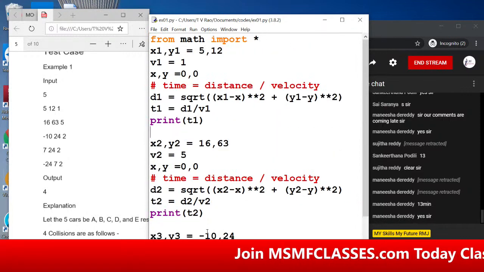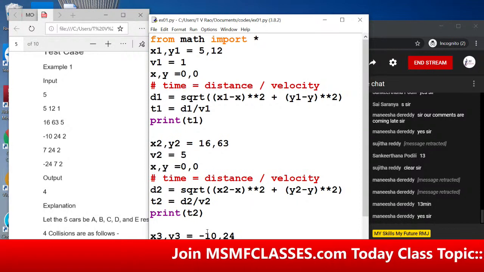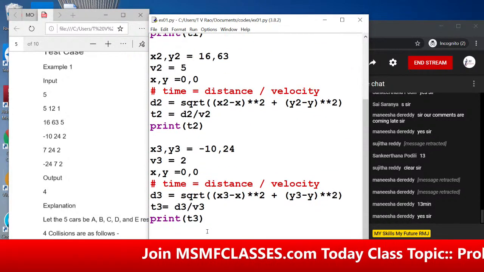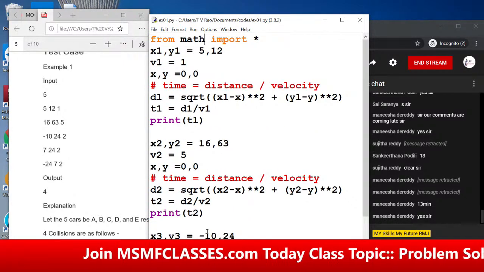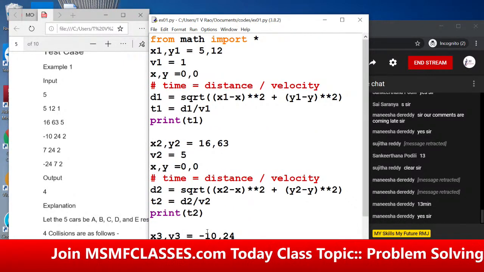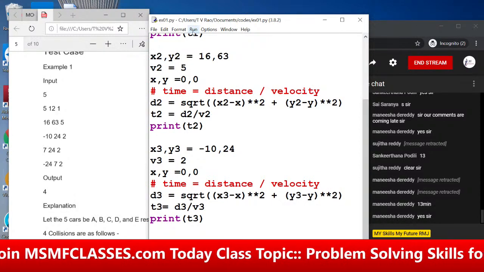Print t1, print t2, and print t3. Are we printing anything else? So we should get only 3 values, right?